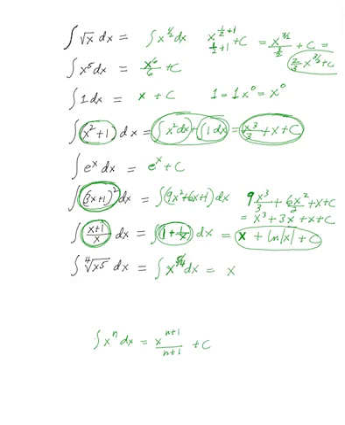Using power rule, that's x to the 5/4 plus 1 divided by 5/4 plus 1 plus a constant. So that's x to the 9/4 over 9/4. To divide by 9/4 is to multiply by 4/9. So this is 4/9 x to the 9/4 plus a constant.